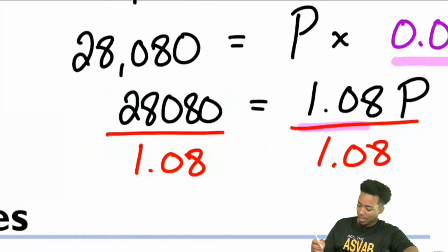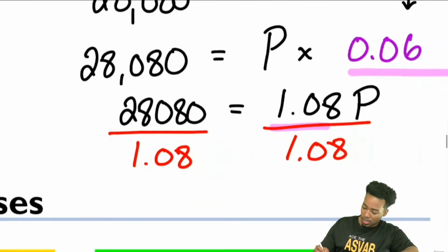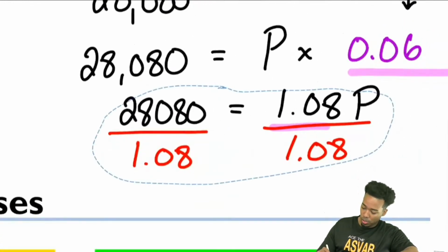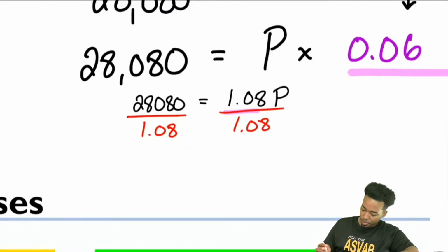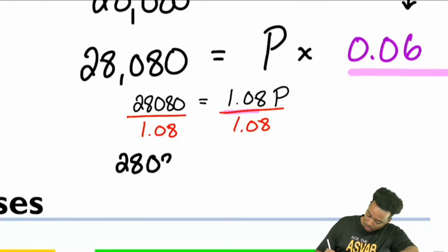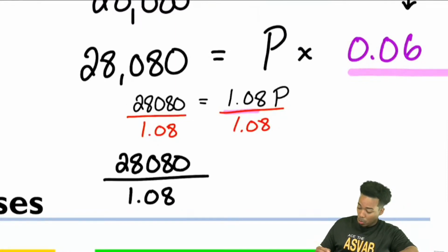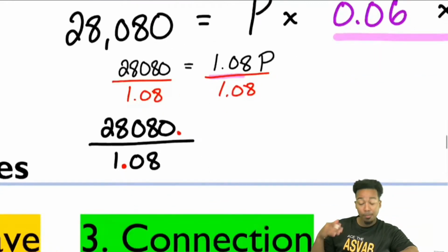Let me show you a nice little trick, which isn't really a trick. It's just formalities. Let me just make this a little smaller so I can do this right here at the bottom. So if we have 28,080 divided by 1.08, we can take the decimals and move them the same number of times in the same direction.